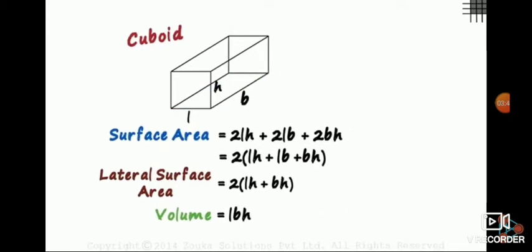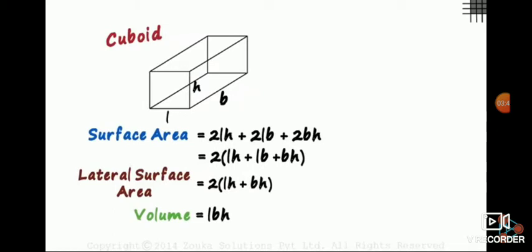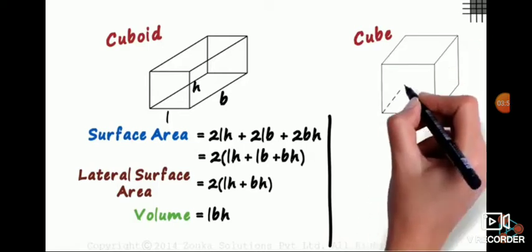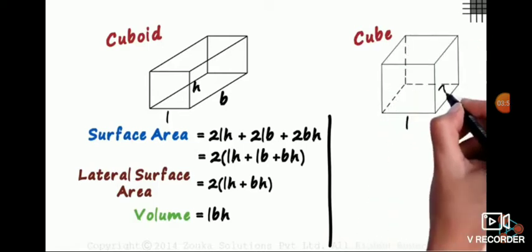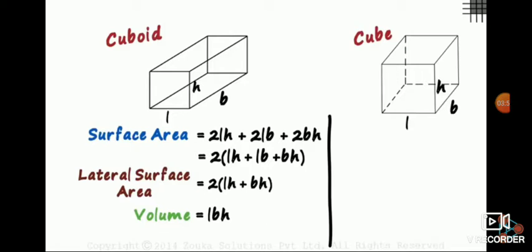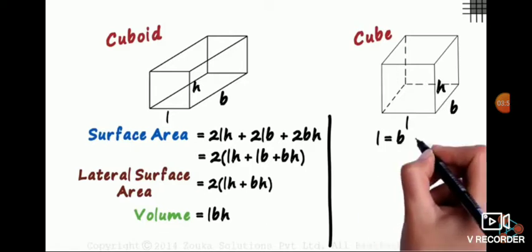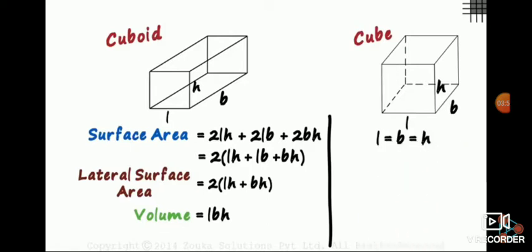Knowing stuff about cuboids also helps us understand its special case, the case of a cube. It looks similar to a cuboid. It has length, breadth, and height, with the only difference being that all three are equal. Let's say each is equal to S units. Think about it. If each of the sides are equal, then each face will be a square. The area of each face will be S squared.